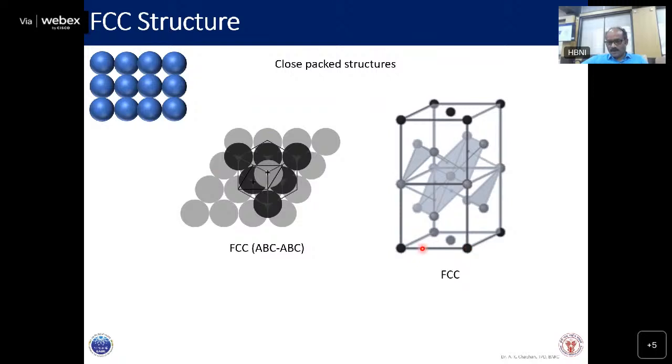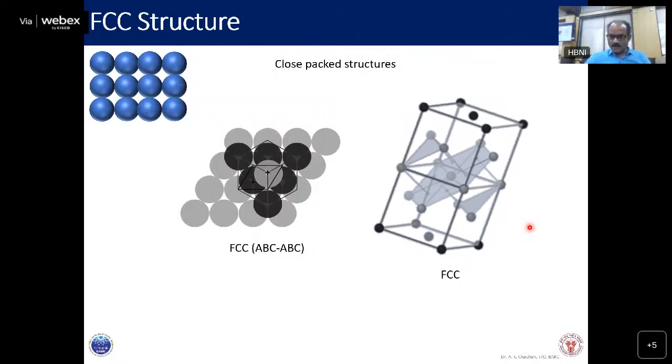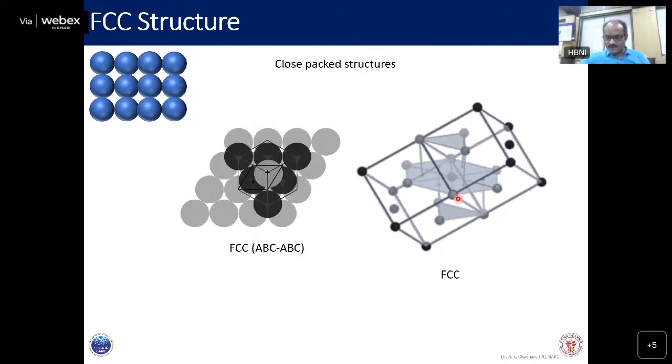Now you have 1, 2, 3, 4, 5, 6, and then 1, 2, 3, 4, 5, 6. Similarly, I have put two different unit cells, one over the other. And now just in a tilted way, if you see, the structure is like this: 1, 2, 3, 4, 5, 6 at center.